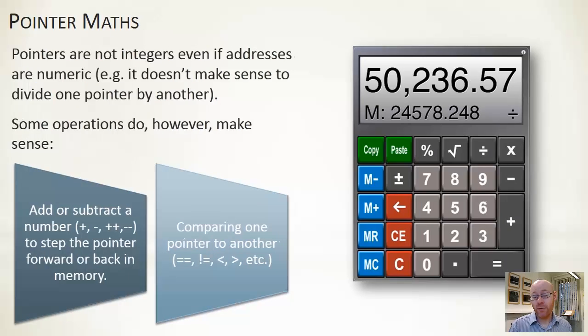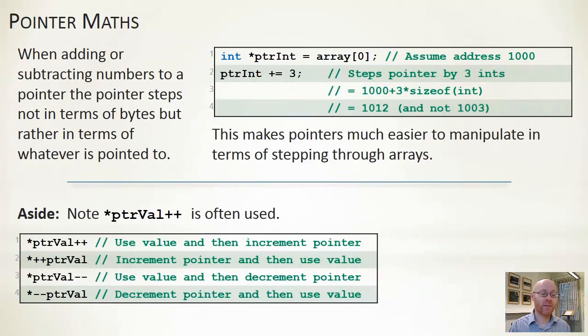Being able to change the value of a pointer, being able to add or take away from it, is actually a very powerful capability of a pointer. And there's an important aside about this here.